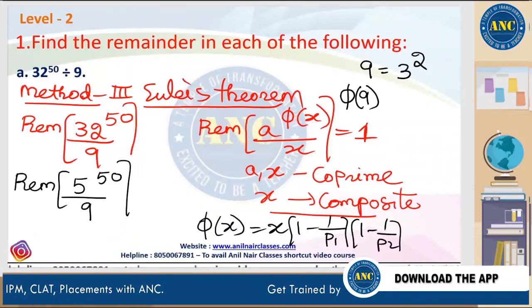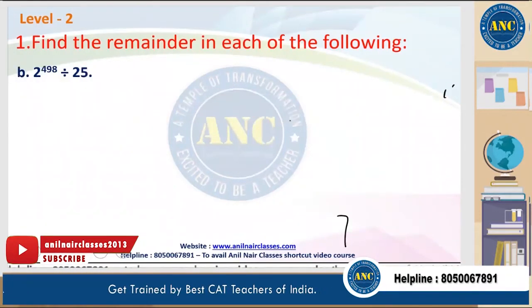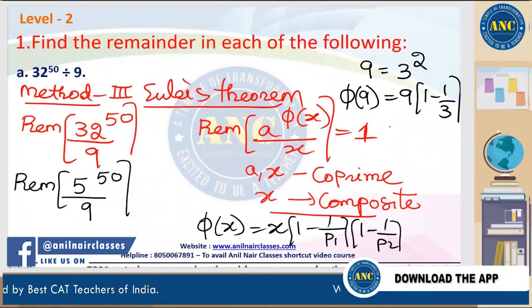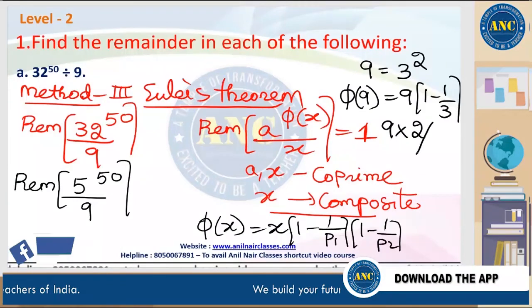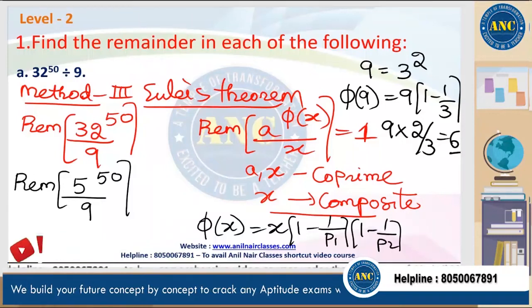What are p1, p2? Prime bases. So x into 1 minus 1 by 3. Directly it will give you the answer. 9 into 1 minus 1 by 3, 2 by 3, which is 6. Phi of 9 is nothing but 6.